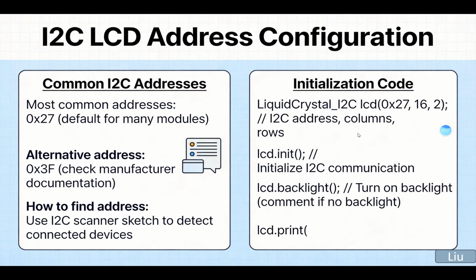So the I2C LCD address configuration: the most common I2C address is 0x27, and our LCD is 0x27, the same as this common one. And the initialization code: the LiquidCrystal_I2C library, we need this library to control the LCD at 0x27.